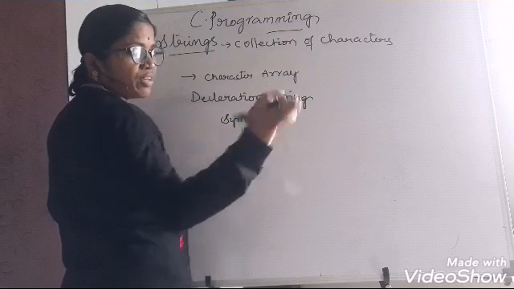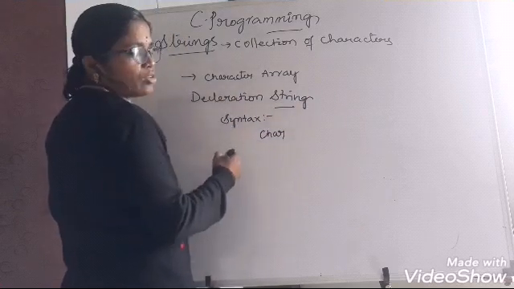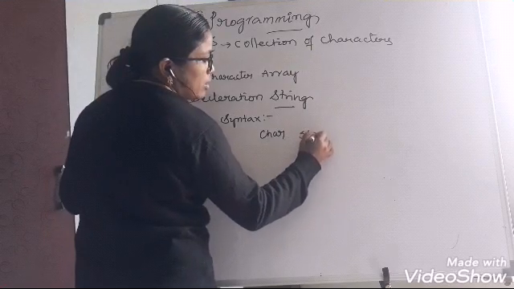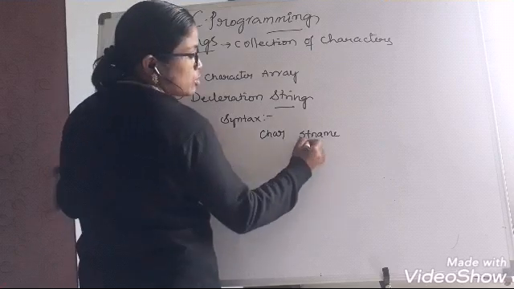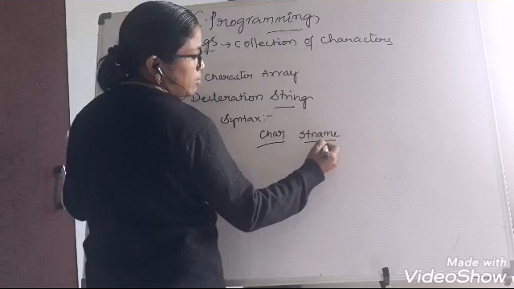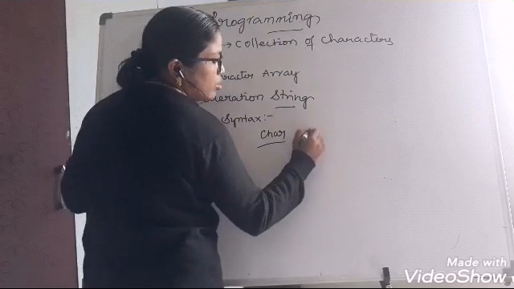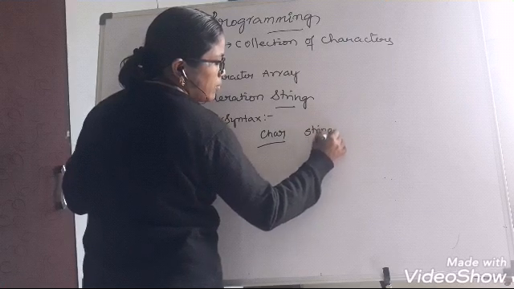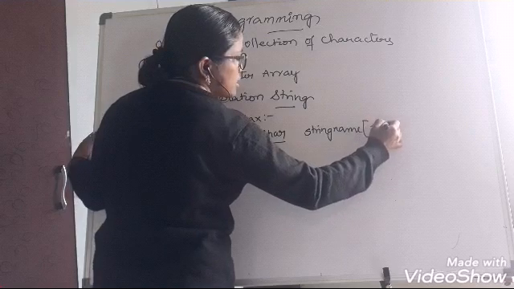We don't have different data types. We have character, always character, and suppose I am writing a student name, so it is my array name. So always character, array name. Otherwise, as I am calling it a string, I will call it string name followed by size.